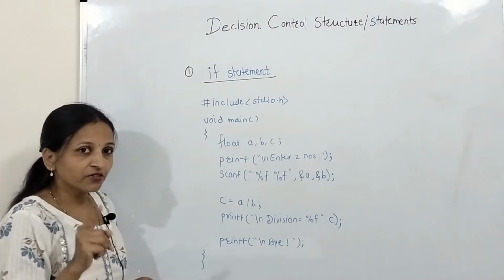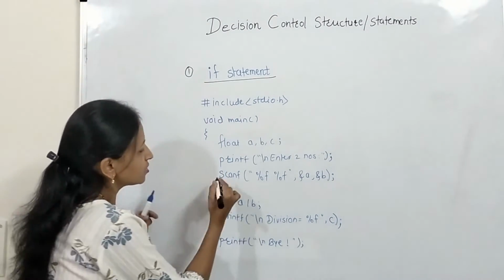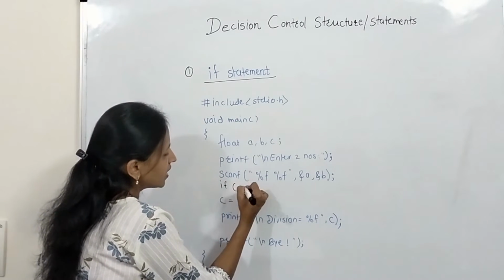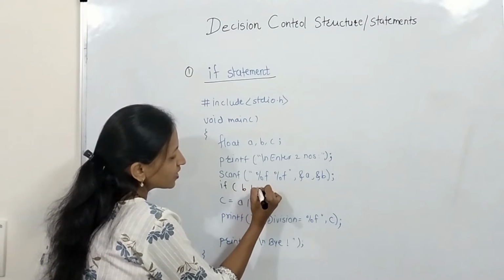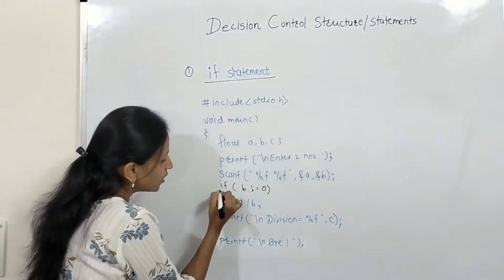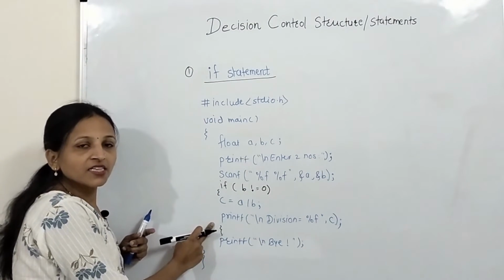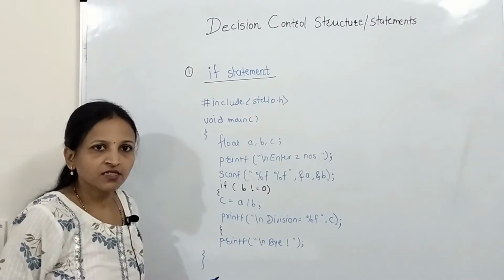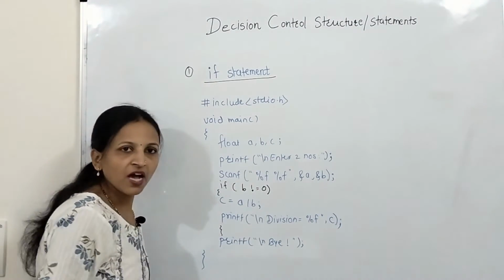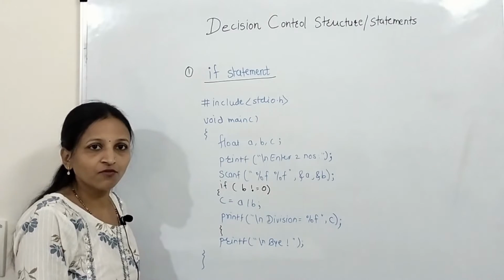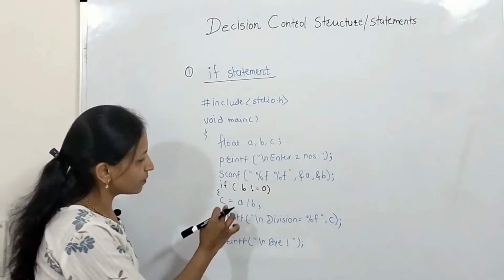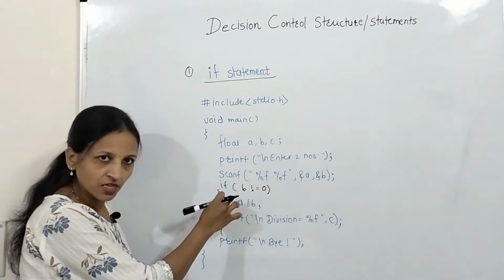See, I will write one statement here in this way. If b is not equal to 0, then only execute this part, otherwise don't do anything, just display bye. In this way, it is possible using if.